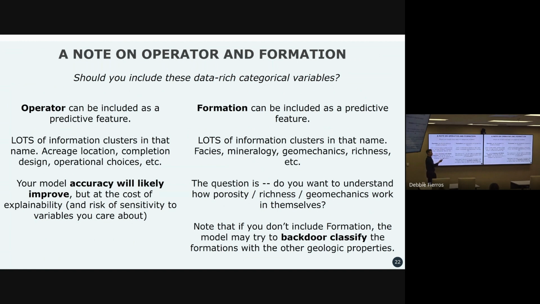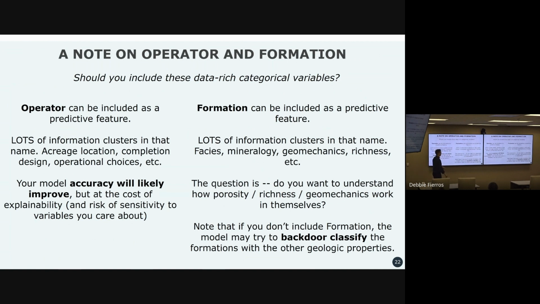Formation is another variable that is really information rich. There's so much information in that. There's the facies, whatever facies you're looking at, depositional facies, mineralogy, geomechanics, richness. All of that is implicitly coded in the formation beyond what you can ever, even with all the data in the world, there's something very specific about saying this is this formation, right?